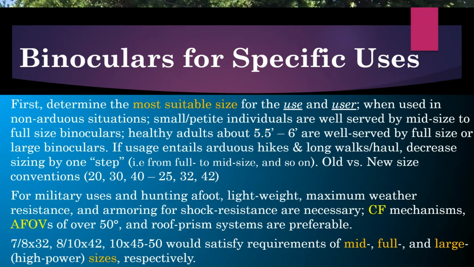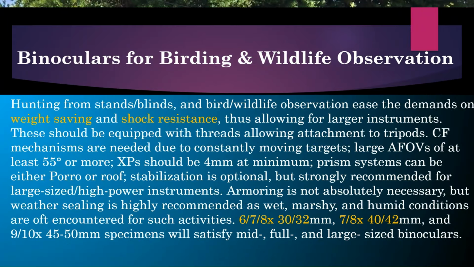So the 42 lets in a lot more light than a 32, but conversely, a modern 32 has such good quality that you not always need that extra light. But a lot of hunting is done at very low light conditions, so you have to balance these requirements. If you walk a lot and do a lot of arduous and difficult mountain hunting, you might be better served by a 32 millimeter binocular.